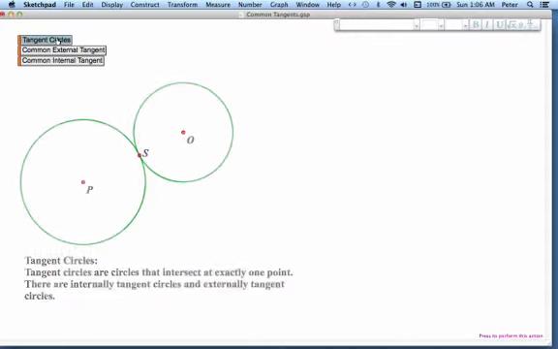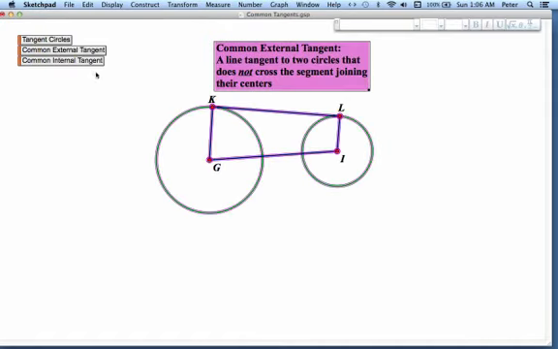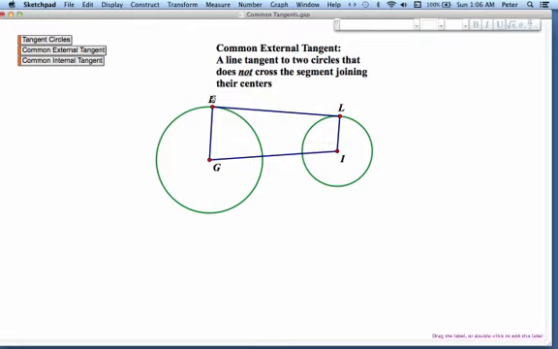Alright, let's take a look at what's called a common external tangent. A common external tangent is a line or a segment tangent to two circles that does not cross the segment joining their centers. So in other words, KL is a common external tangent because the tangent does not pass between the two circles crossing the line which joins their centers.